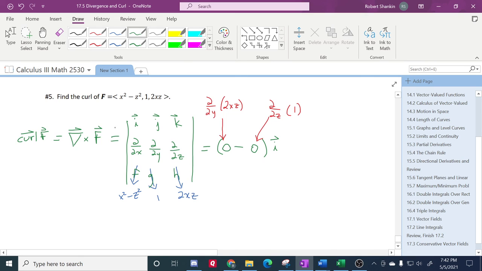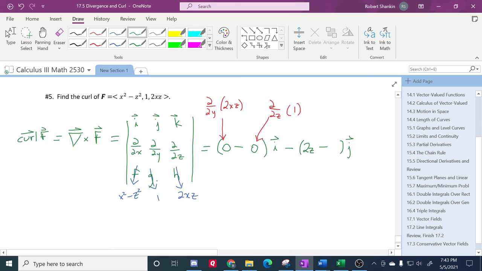Then you alternate sign, minus something times j, and you delete its row and column, and you get the partial with respect to x of this, which is 2z, minus the partial with respect to z of this.